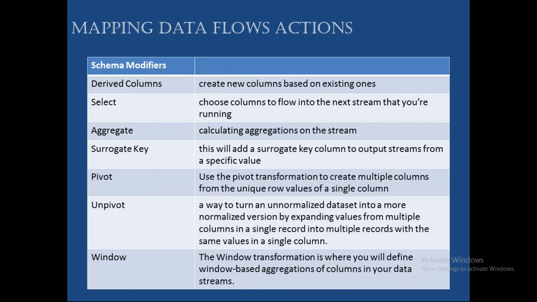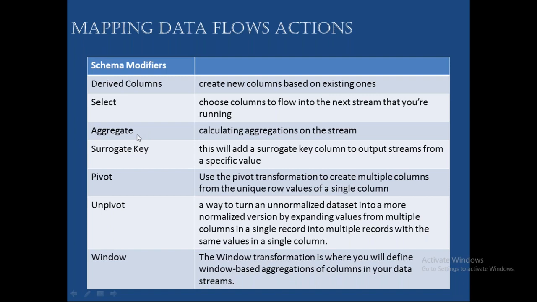Okay, next, mapping data flow actions. Next, schema modifier. As of now we have seen how to read multiple sources and join, how to get multiple outputs, right? Now schema modifier. Schema modifier means derived column: I want to add a new column. Select: maybe you want to rename a column, or reduce the number of columns. If you want to filter out columns, out of 100 columns I want 5 columns, you can select those 5 columns.